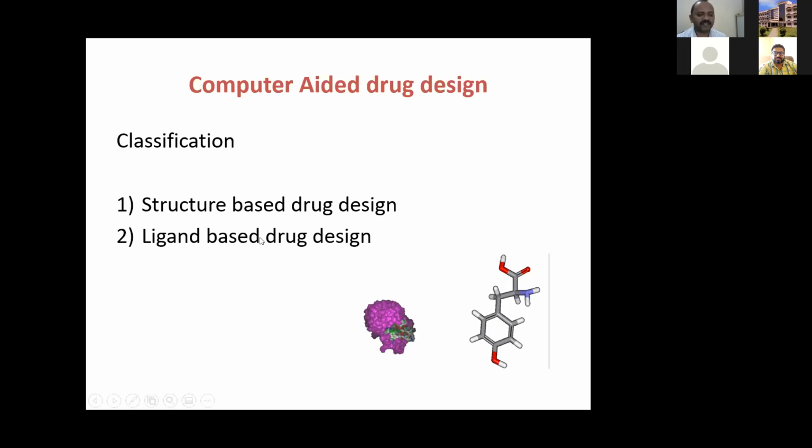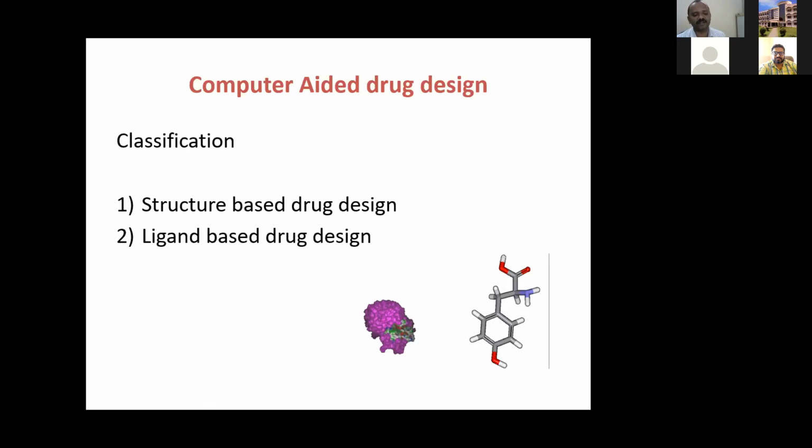Next is ligand-based drug design techniques. Sometimes you may not have a complete awareness of the protein structure, or even if you have, you may believe in the ligand-based technique, in the sense that you have some molecules which are already binding to that protein and exerting the desired pharmacological action.